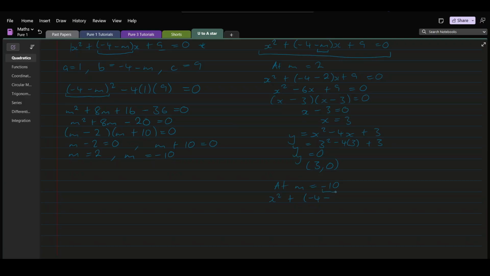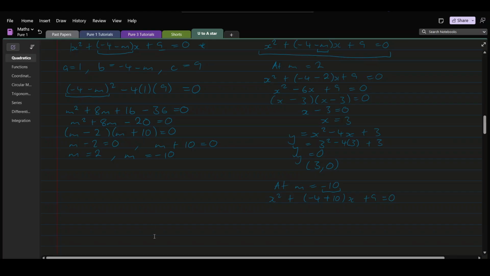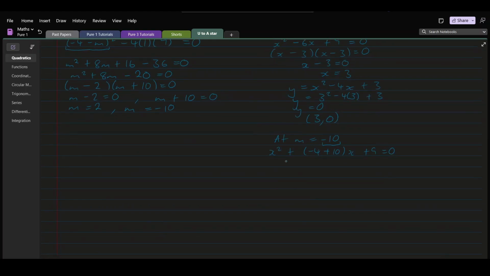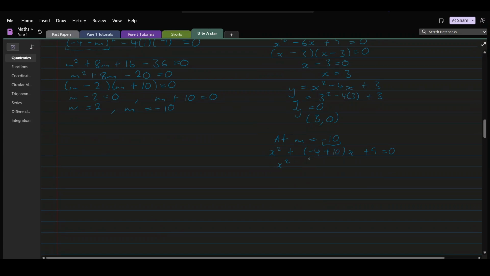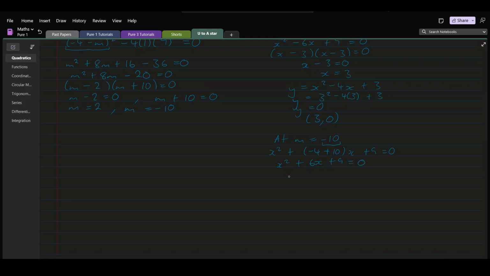Since we have negative 10 here, this will now become negative 10, which is plus 10, x plus 9 is equal to 0. So our quadratic simplifies to give us x squared, but 10 minus 4, that gives us a positive 6. So 6x plus 9 is equal to 0.